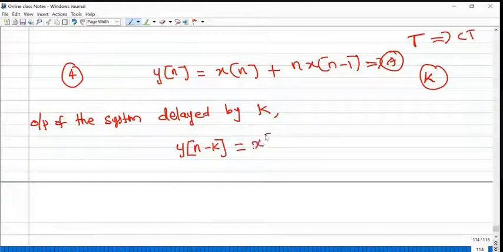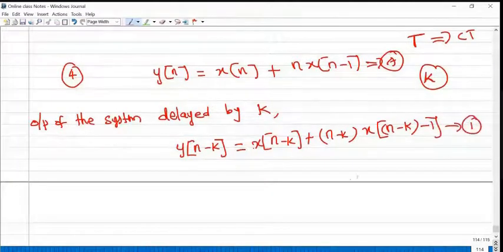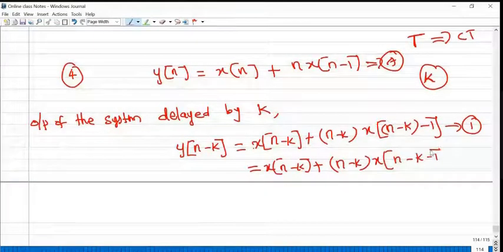In this equation, wherever n is there, all n is replaced by n minus k. So we get x of n minus k plus n minus k times x of n minus k minus 1. Equation number 1.